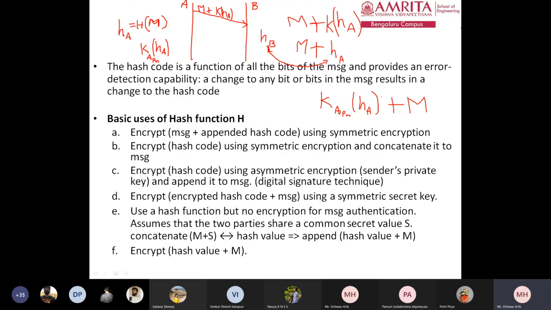Now if I encrypt these two using a session key, that is a symmetric key, the fourth point, if you see, encrypted hash code plus message using a symmetric secret key. Symmetric means both sender and receiver use the same secret key. So what are you trying to prove here, students, in this case?